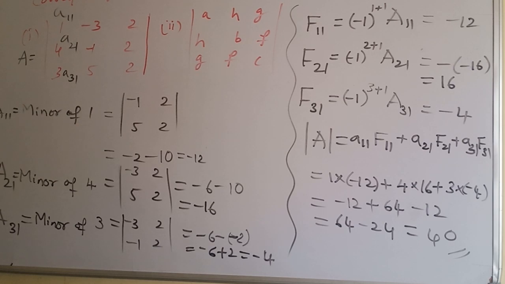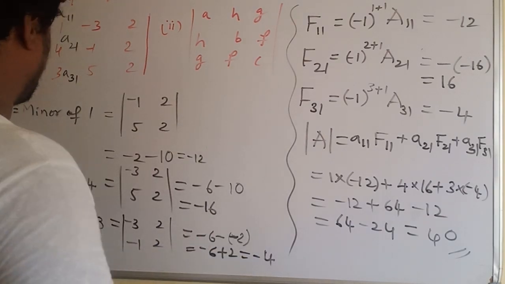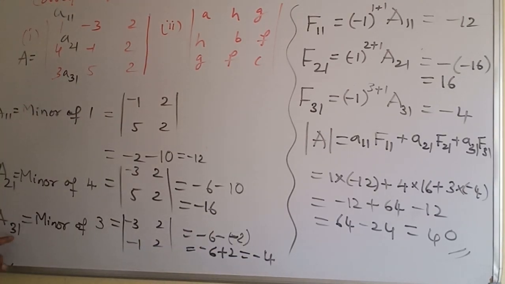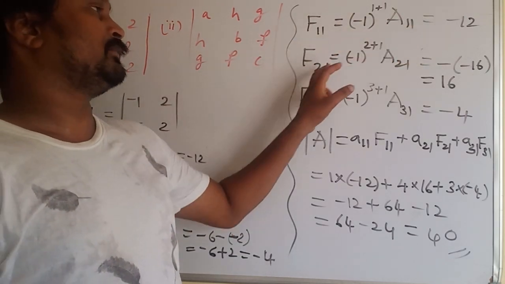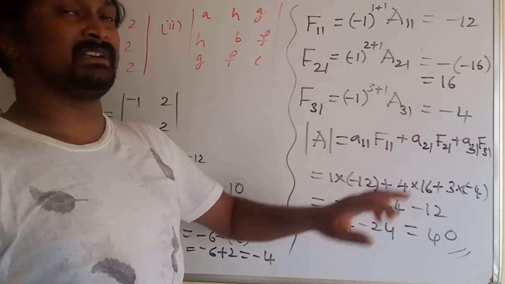So this is how to solve your first problem of 5. I hope you all understood. You got the minors A11, A21, A31 as -12, -16, -4, and the cofactors F11 as -12, F21 as 16, F31 as -4.